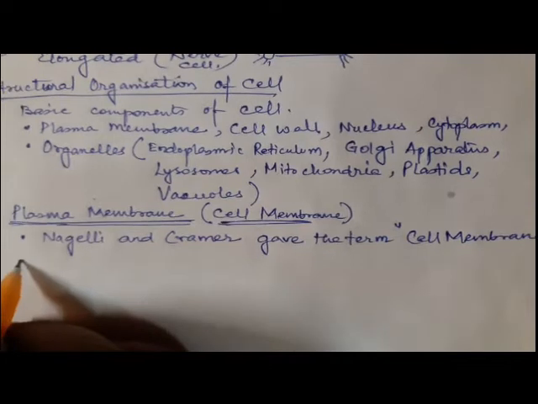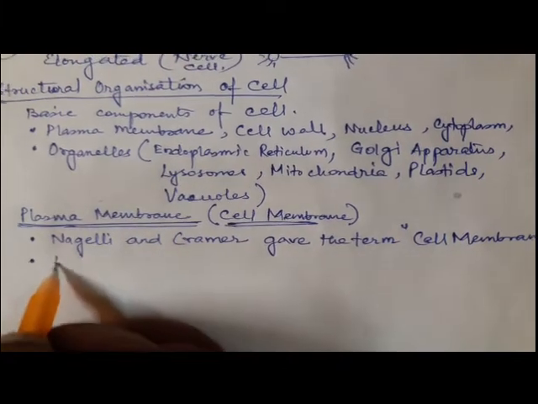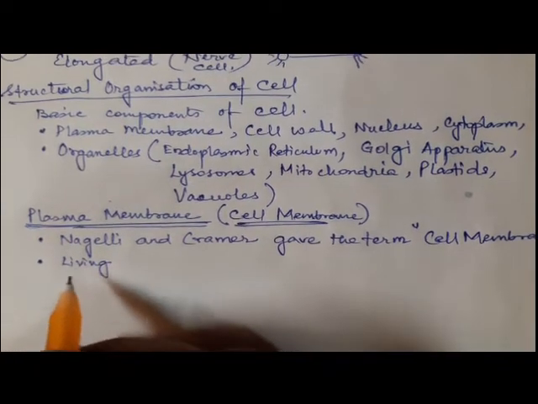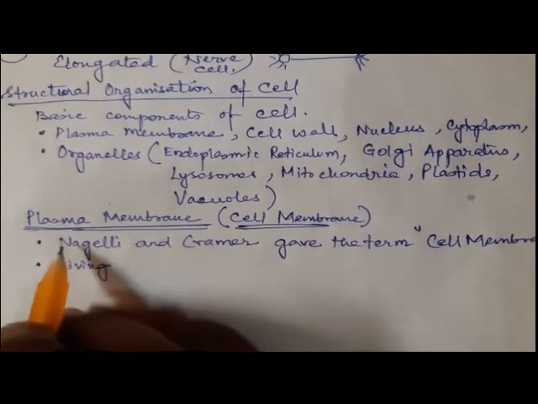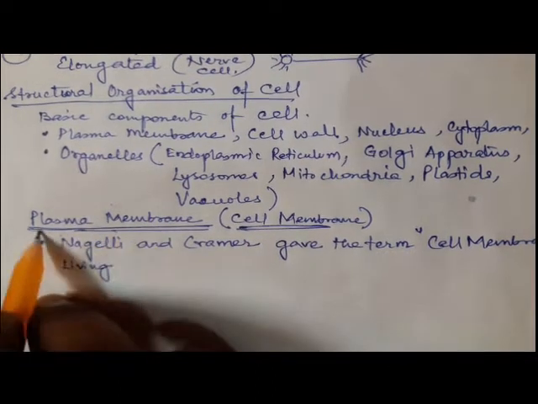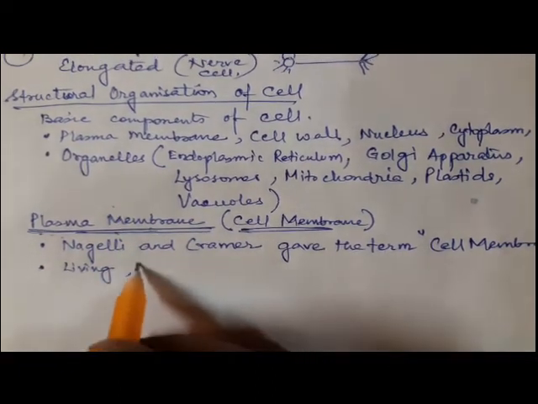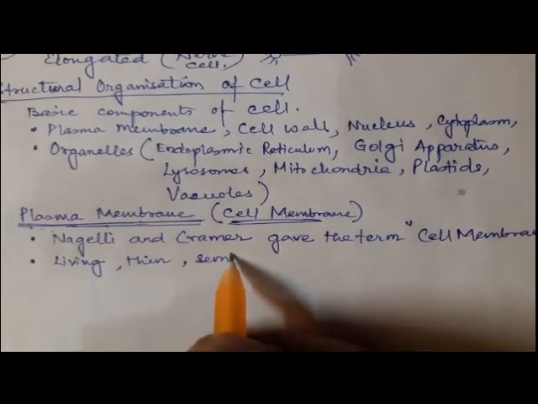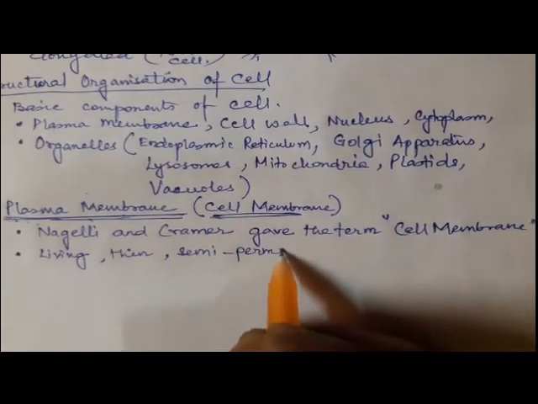Here, this membrane is actually living, means there are living components which constitute the plasma membrane. It is living, it is thin, and at the same time it is semi permeable.